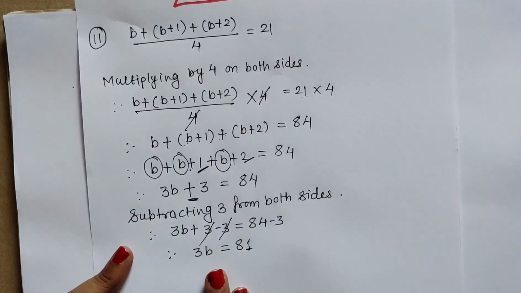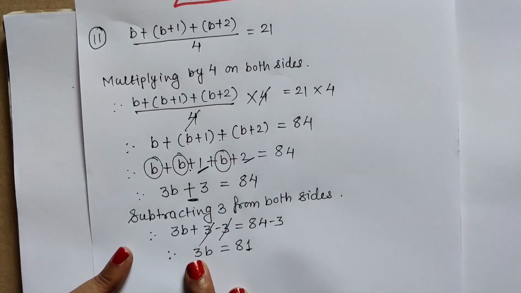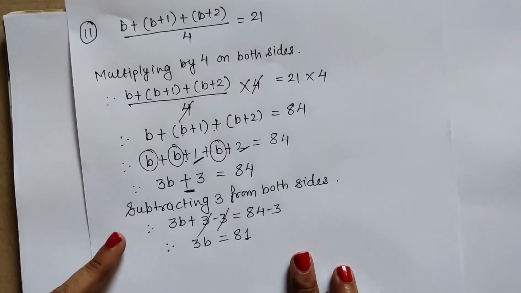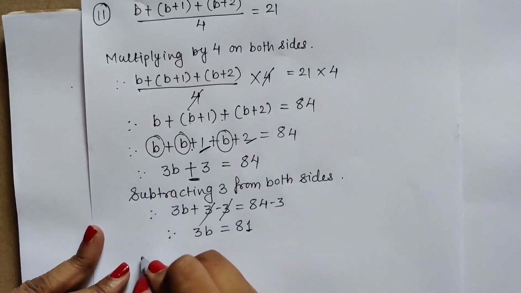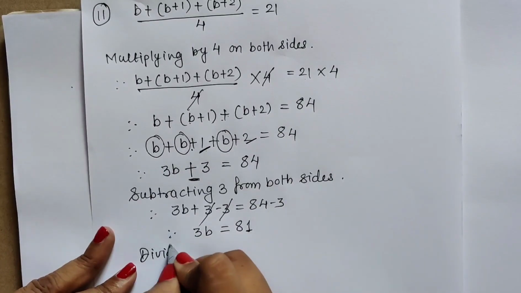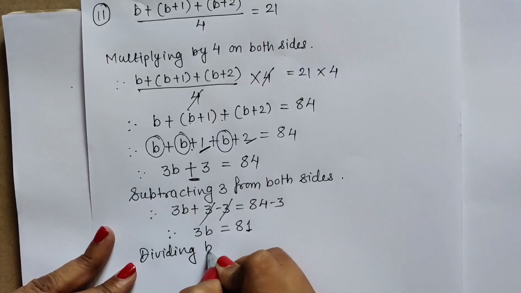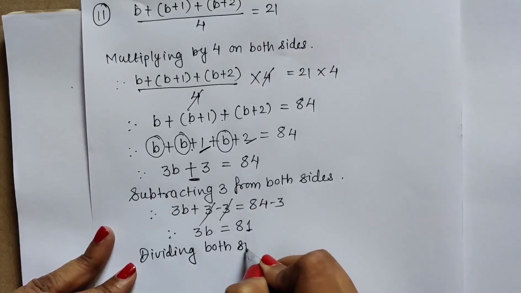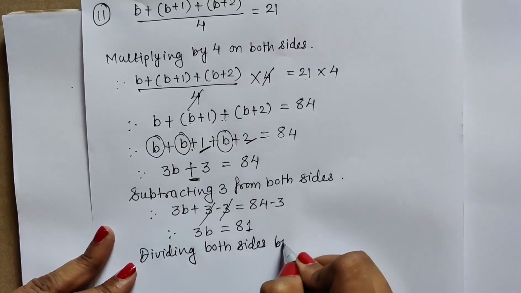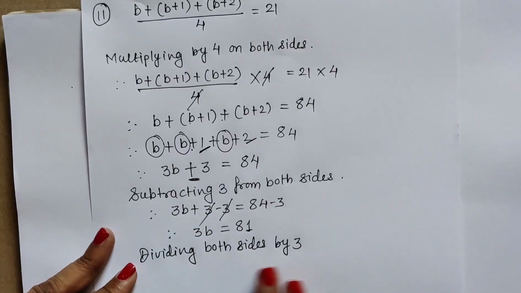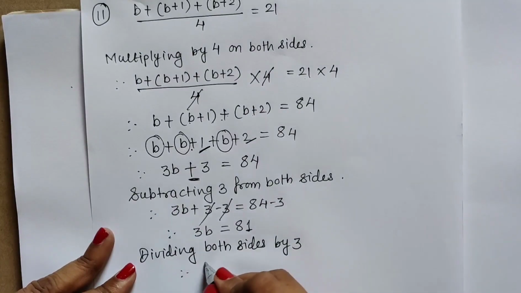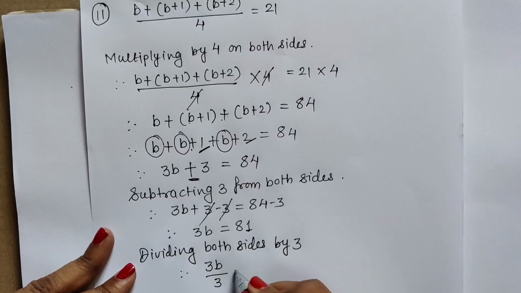Now here it is 3b, meaning 3 multiplied by b. This number has to be transferred to the right hand side. Since 3 is multiplied by b, we have to divide by 3. So dividing both sides by 3, divide 3b by 3 and 81 also by 3.